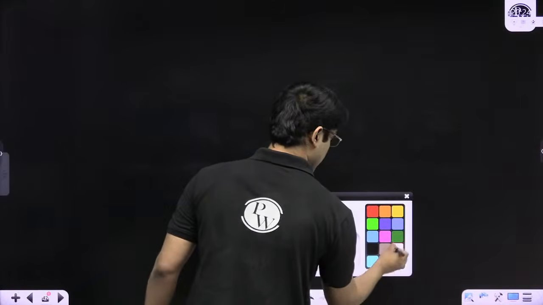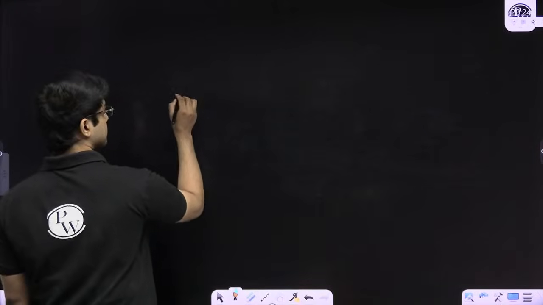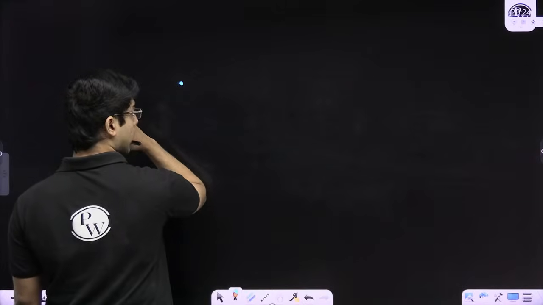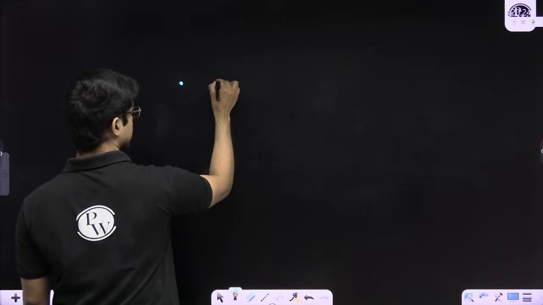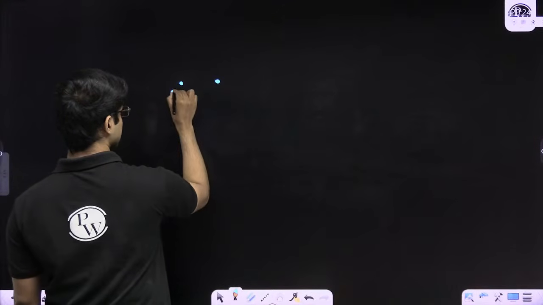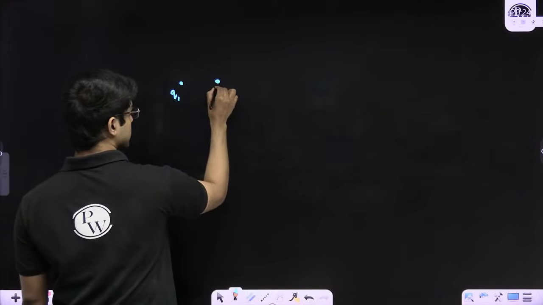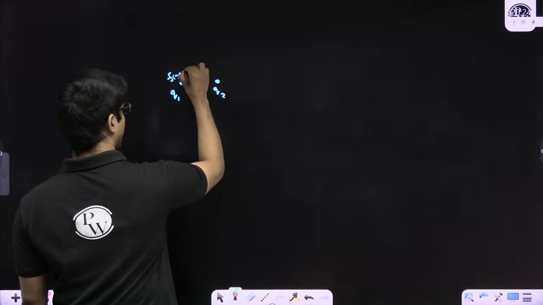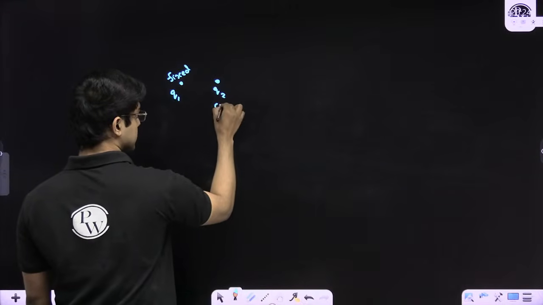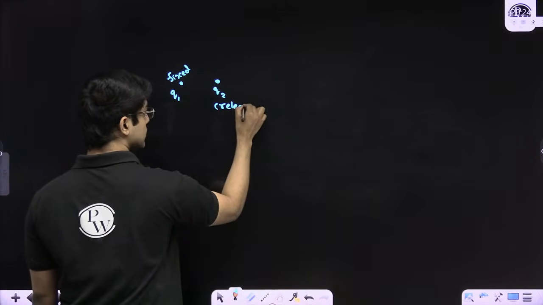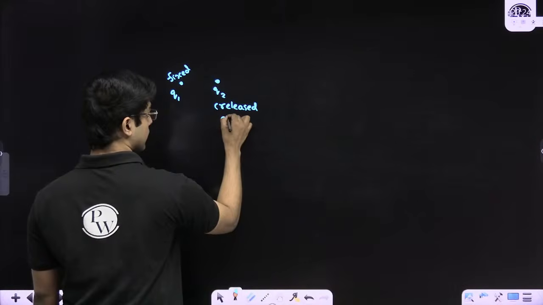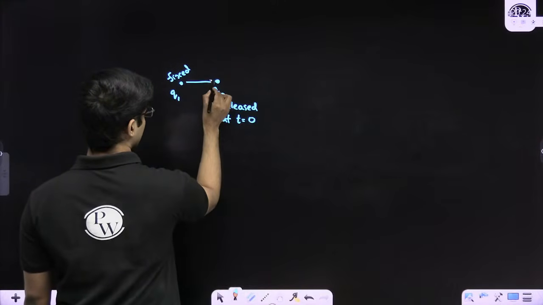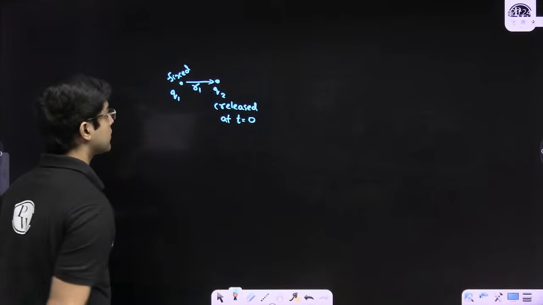Okay, because let's say we have two charges. This is charge 1, this is charge 2, and charge 1 is, let's say, fixed, and let's say this Q2 is released at t equal to 0, and initially this was at some R1 distance.